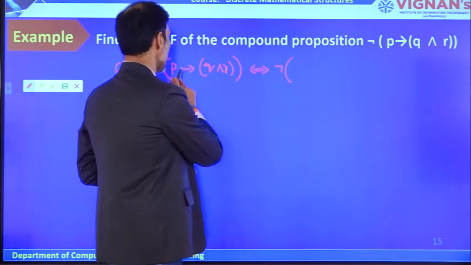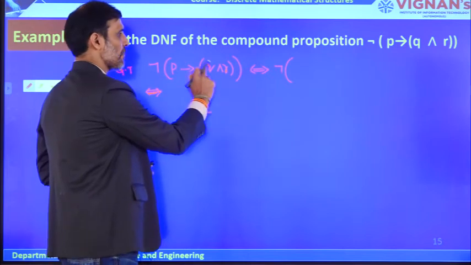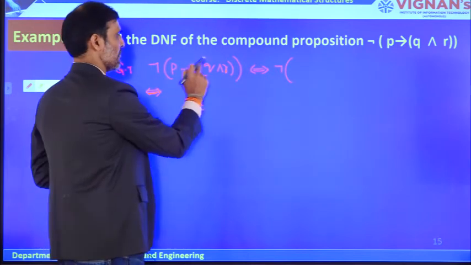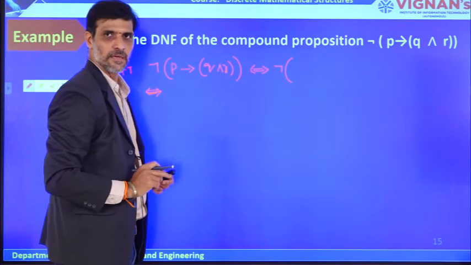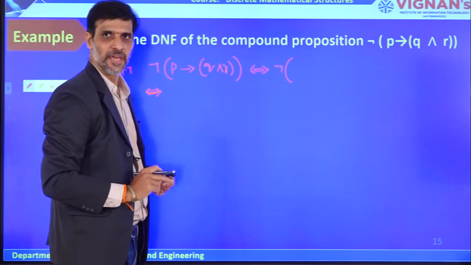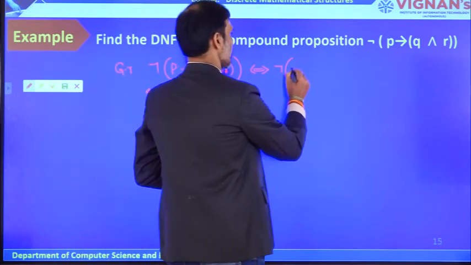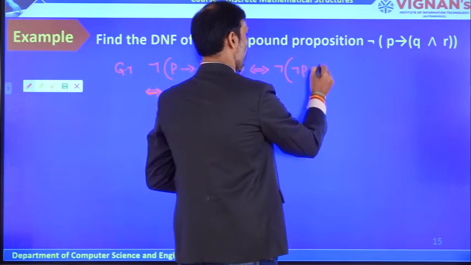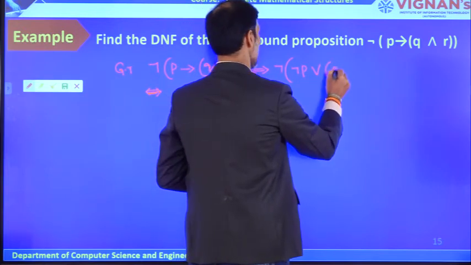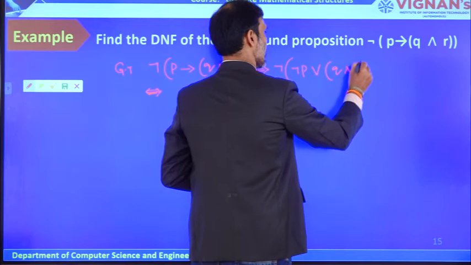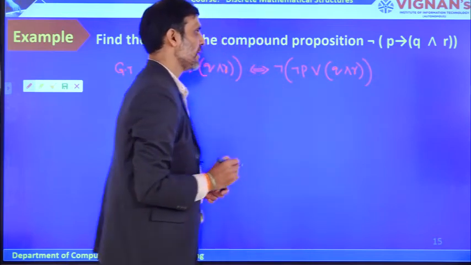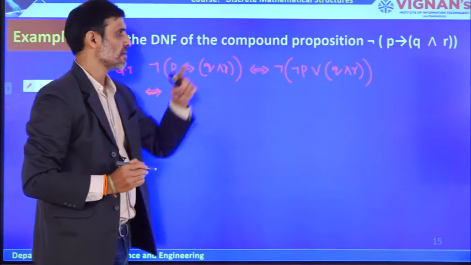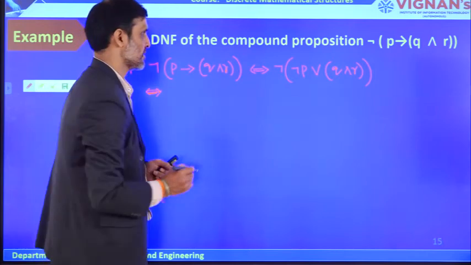How do we eliminate? It is in the form of P implies Q, or A implies B, which can be written as negation of A or B. That means negation of P or B, which is here Q and R. So by eliminating implication, we get this.